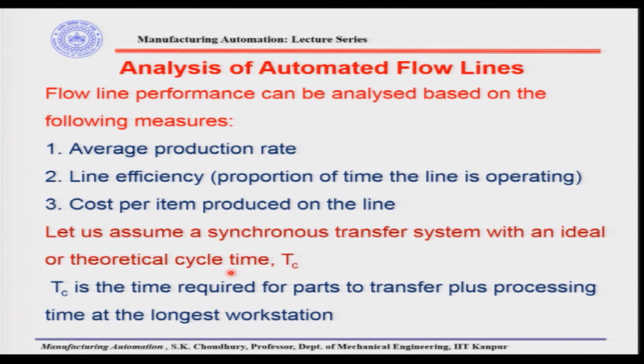Now, T(c), the cycle time, is the time required for parts to transfer plus the processing time at the longest workstation. What does it mean? In a flow line, we have different machines, and all these machines may require different processing times. Some machine may require 4 minutes for example, another adjoining machine may require 4.5 minutes, and another adjoining on the other side may need 3.5 minutes.